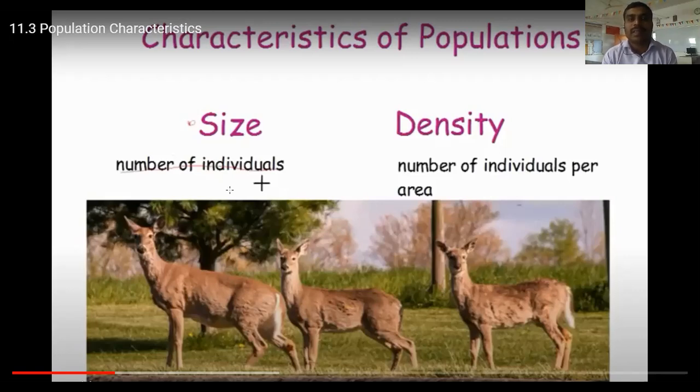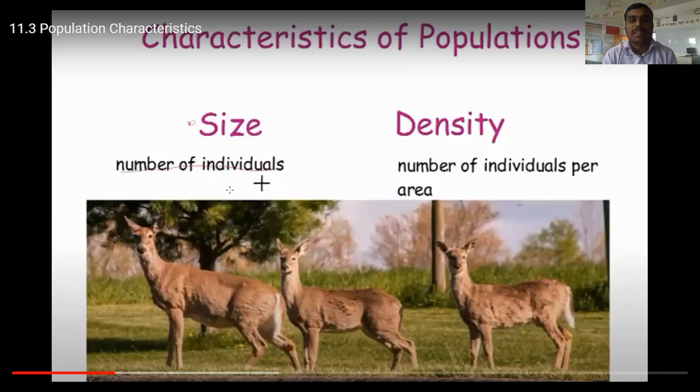The patterns of dispersion of organisms in nature are different. It becomes important to distinguish between two types of densities. First is crude density and second is the specific or ecological density. What is crude density?